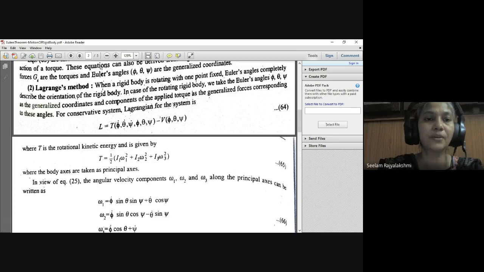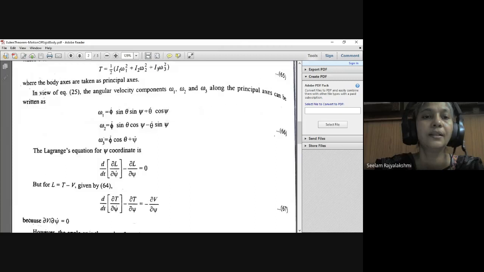This is the rotational kinetic energy, where the body axes are taken as principal axes. In view of equation number 25, the angular velocity components omega 1, omega 2 and omega 3 along the principal axes can be written as omega 1 equals phi dot sin theta sin psi plus theta dot cos psi.